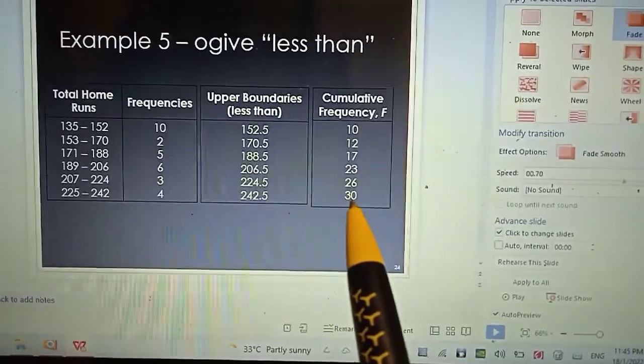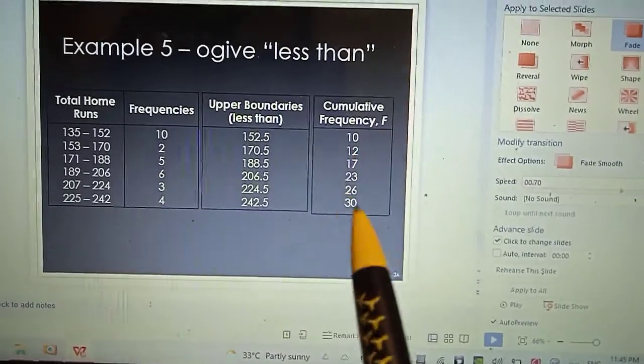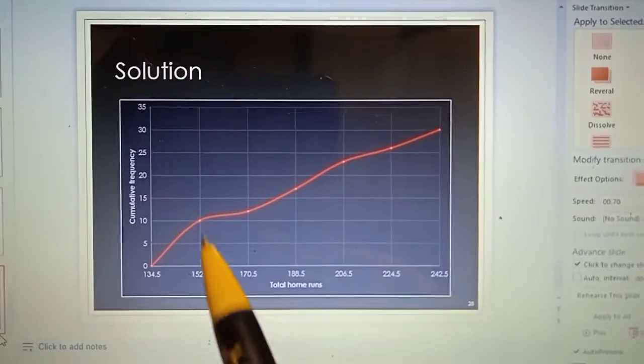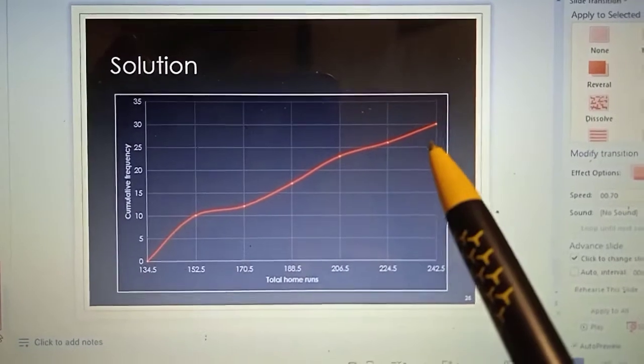To get 30, it is 26 plus 4. So this is the cumulative frequency.